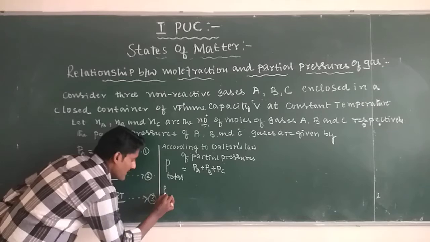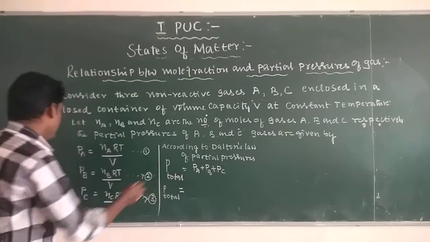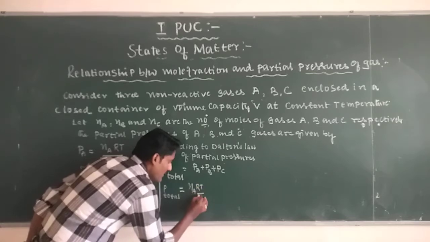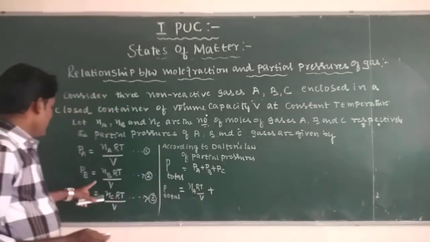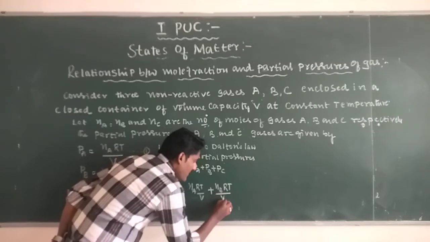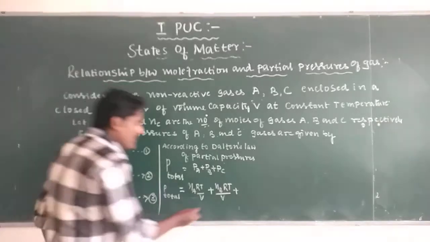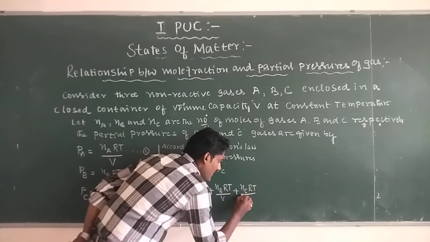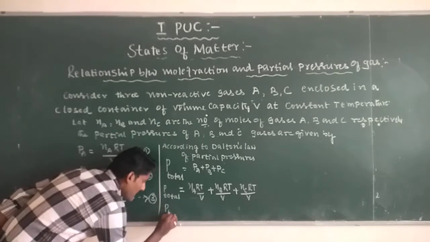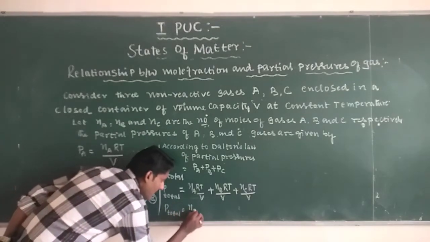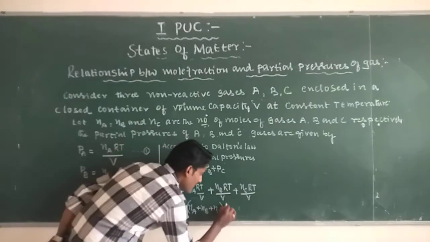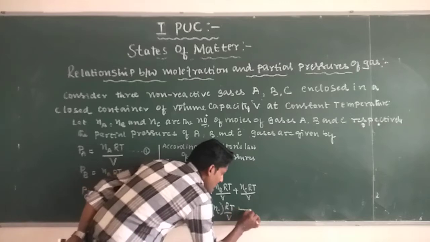That is, Na RT by V plus Nb RT by V plus Nc RT by V. The common factor is RT by V. So P total is equal to Na plus Nb plus Nc into RT divided by V. Call this equation 4.